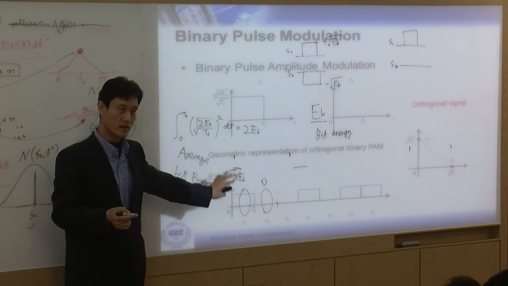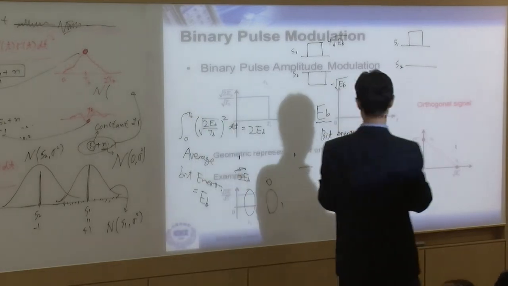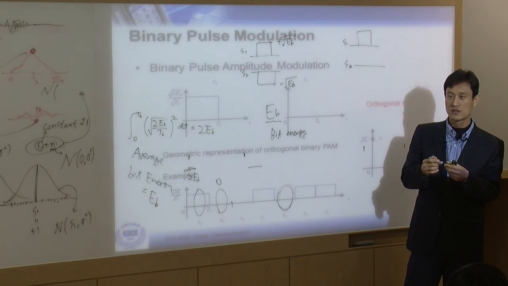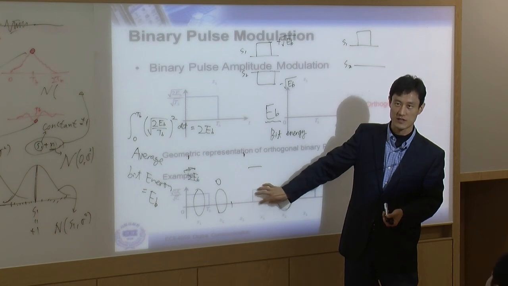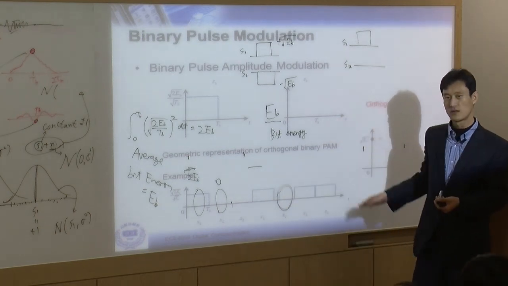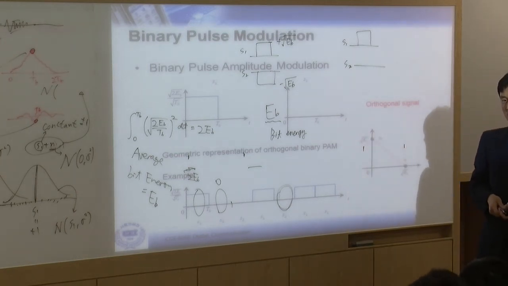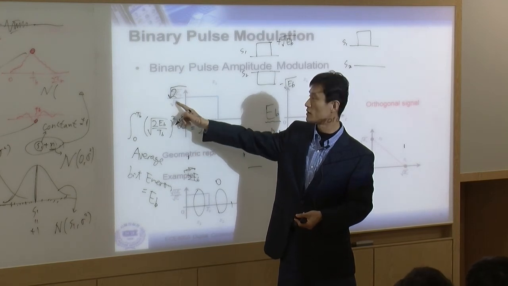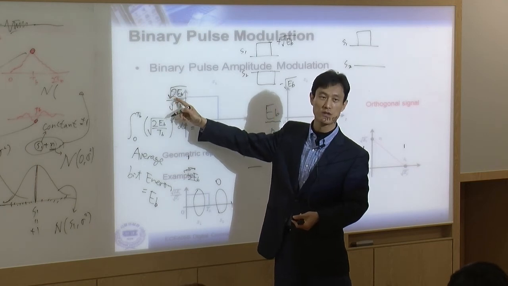In on-off keying, when you transmit nothing like this, there's no energy, right? So when you transmit something, you have to have 2 times the energy. That way, averaged out, it becomes EB as the average bit energy. Does it make sense? So that is why we have root 2 EB divided by root TB. This is why we have a 2 here, right?